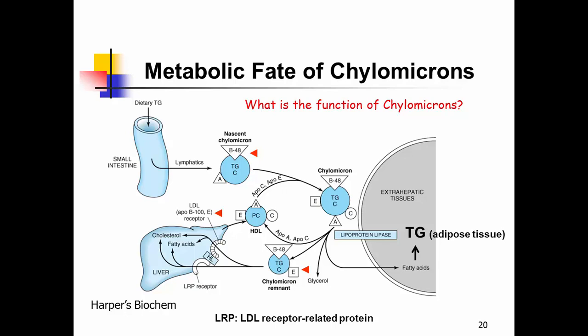So the chylomicron remnant has less triglyceride in the core, but also loses apoprotein A and apoprotein C, which are given back to the HDL. Finally, the chylomicron remnant can be taken up by the liver.